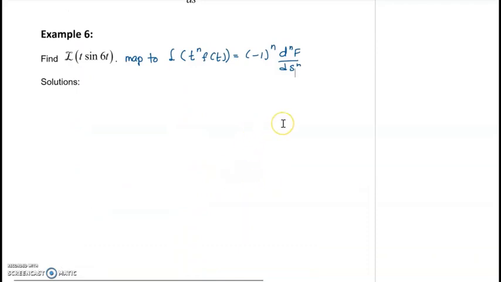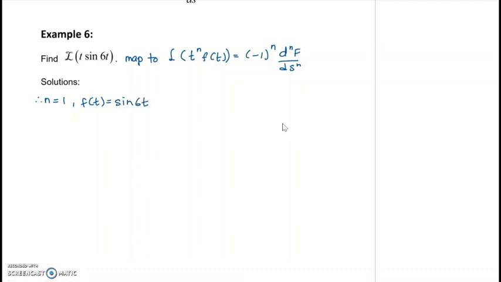So back to this. If we map our problem to t power of n times f(t), then we know that n equals 1, t power of 1, and the function f(t) is sine 6t.